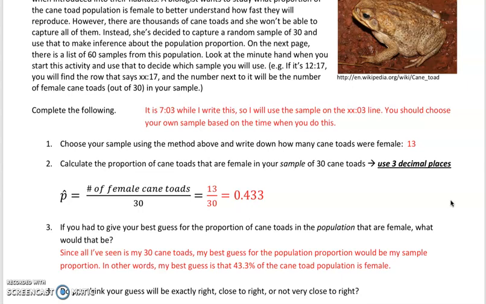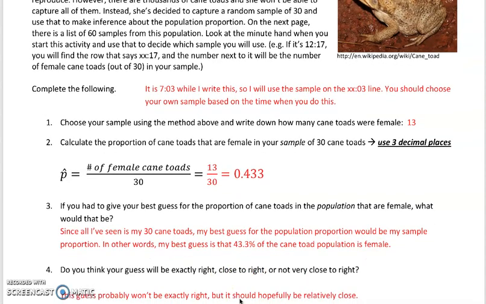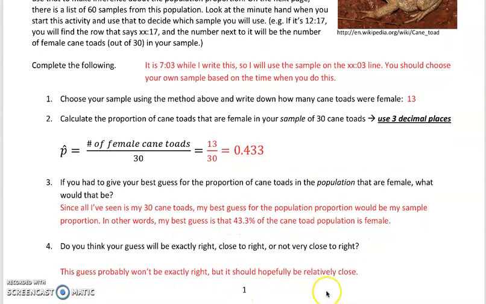Look at that table on the next page, and if everybody's taking samples and getting different numbers of female cane toads, then clearly we can't all get exactly the population proportion. So my guess probably isn't exactly right, but I'm hoping that it's close to right. And this is something that we're going to investigate throughout this section of notes. So even though my guess isn't exactly right, hopefully it's at least giving me some information that can help me make a more informed decision.